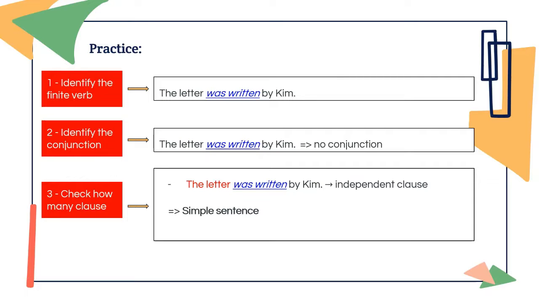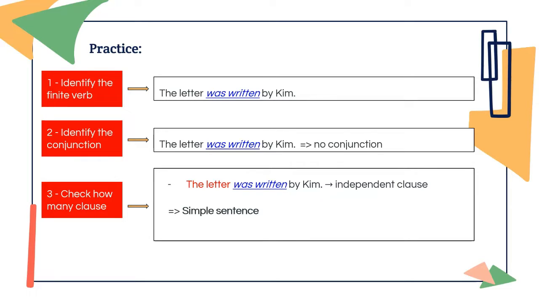And the third sentence: "The letter was written by Kim." The first step, identify the finite verb. The finite verb is "was written." The second step, identify the conjunction: in this sentence we cannot find any conjunction.